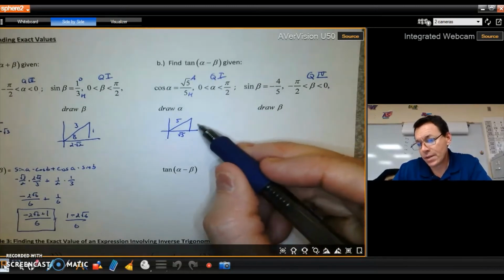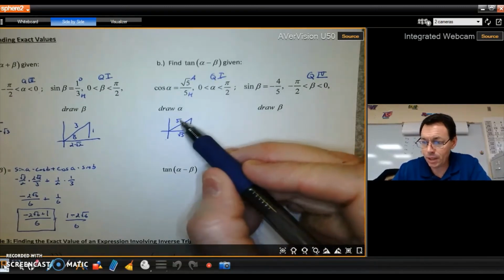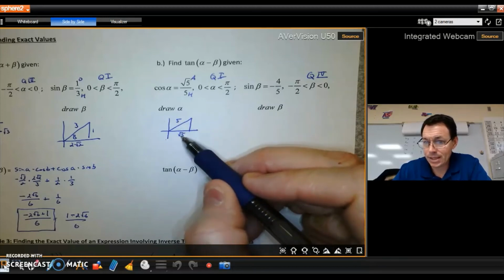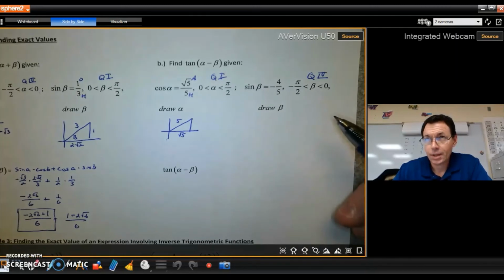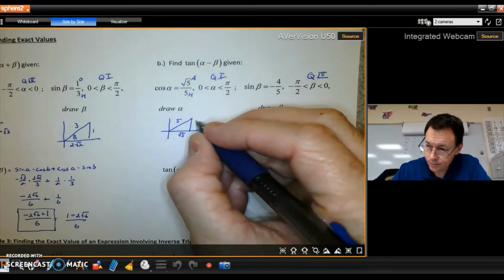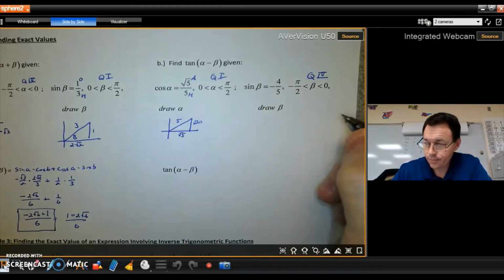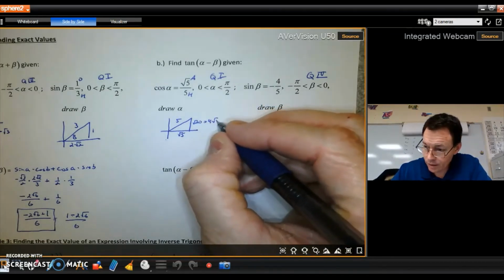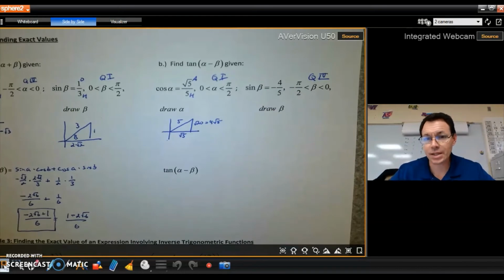Now, when I go to find this side over here, it would be 25, that squared, minus 5, which would be 20, and then I have to take the square root of 20. But radical 20 is 4 times 5. So this is really 4 radical 5. That's what that side would be.